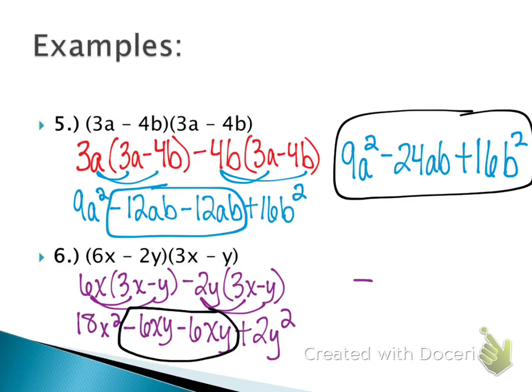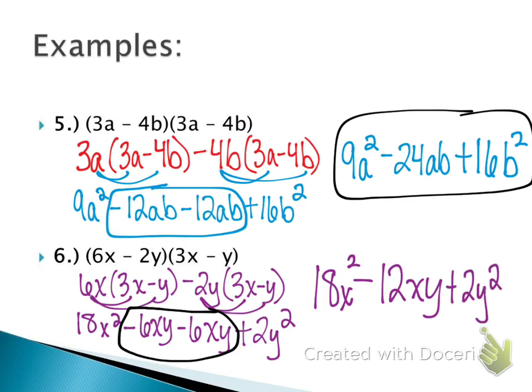Good. Negative 12xy. They're both negative. We combine and keep it negative. Everything else stays the same. 18x squared stays in the front. Positive 2y squared stays in the back. And we have our final answer.